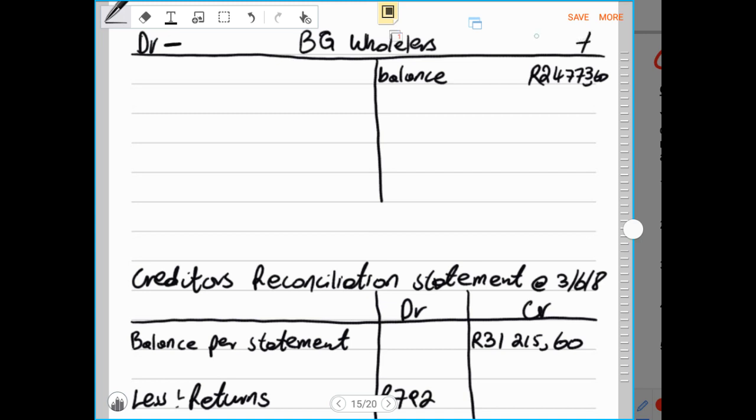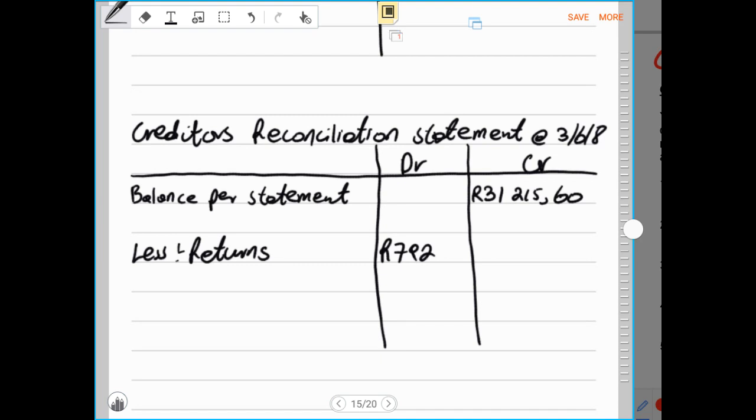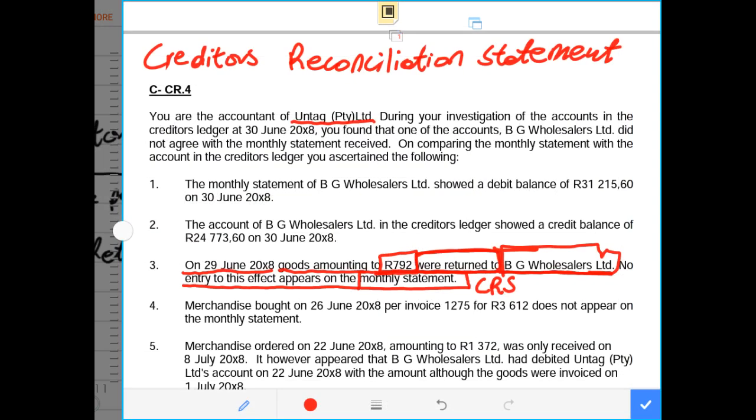So that is why we record this on the debit side of the creditors reconciliation, because we do reconciliation from the perspective of the business, considering the fact that this is the creditor. So now we have taken this into account, which is reducing our liabilities by 792.